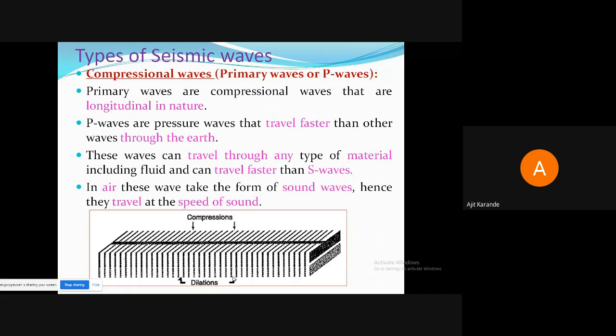Then they cause momentary volume change in the material through which they pass, without any shape change. Due to the successive compression and dilation, some volume changes may take place during the earthquake.